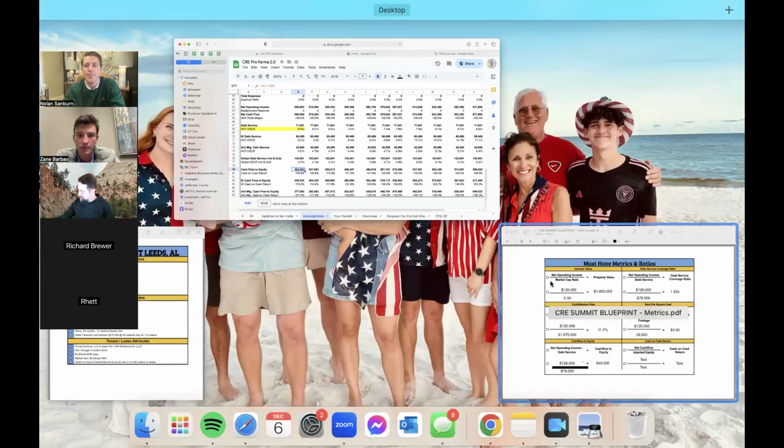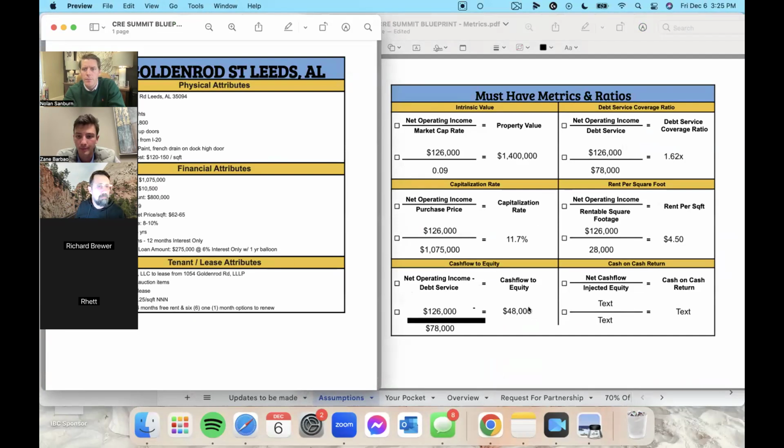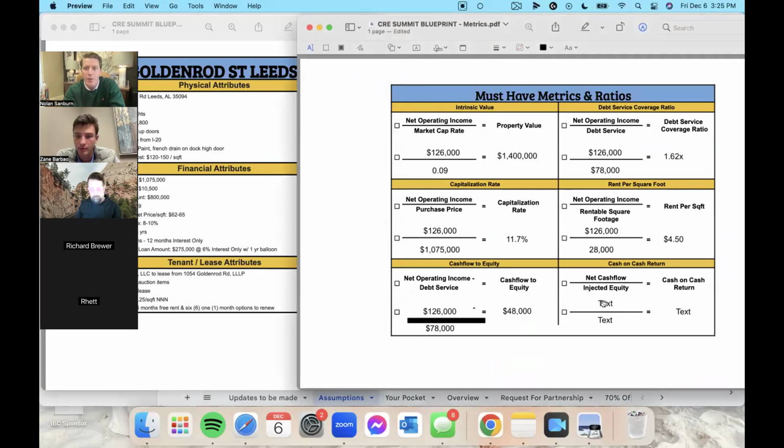Net cash flow in this case would be our cash flow to equity. And if you notice something too, guys, as you go from left to right, intrinsic value to debt service, cap rate to rent per foot, cash flow to equity, cash on cash, they all start to auto-populate a little bit. You can start to discover the values.